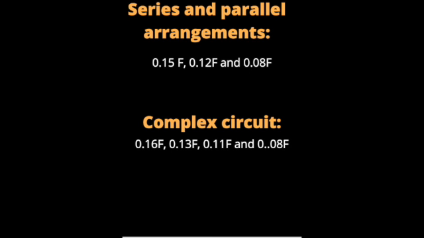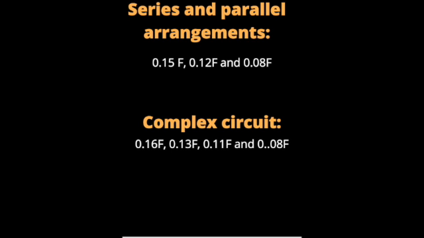First, we set the different capacitance value for each of the capacitors used in each arrangement. For the parallel and the series arrangement, we use three different capacitances, which were 0.15 farads, 0.12 farads, and 0.08 farads.